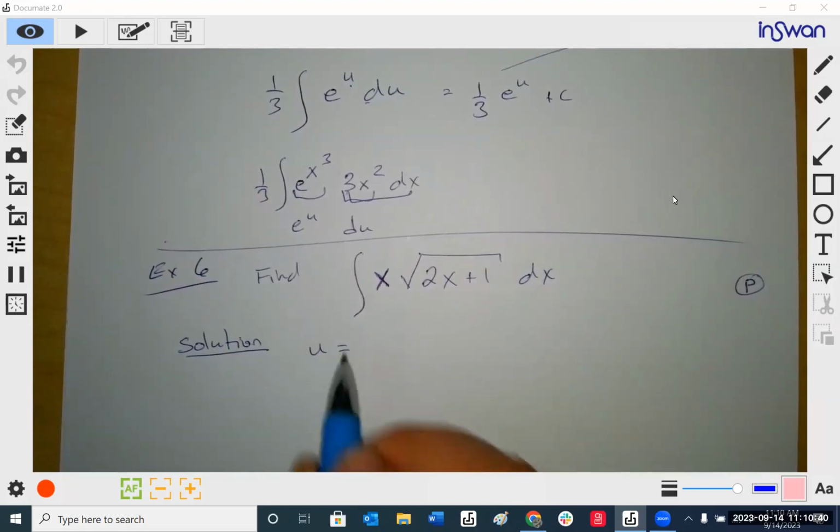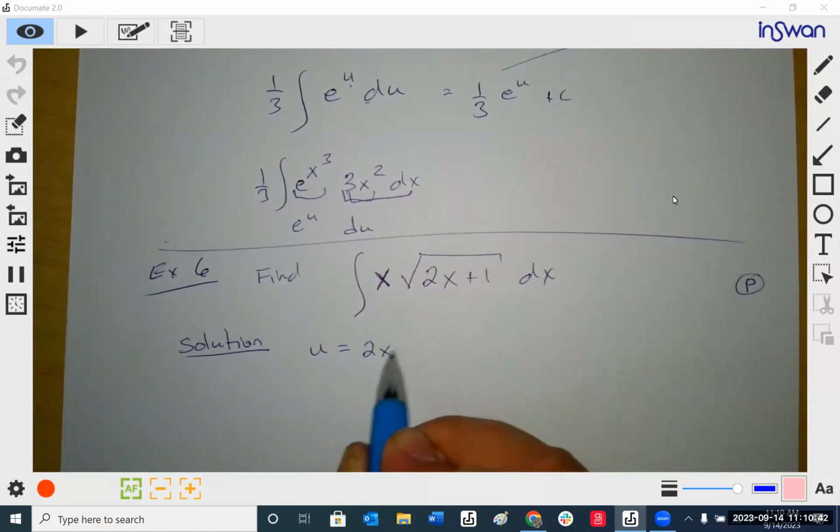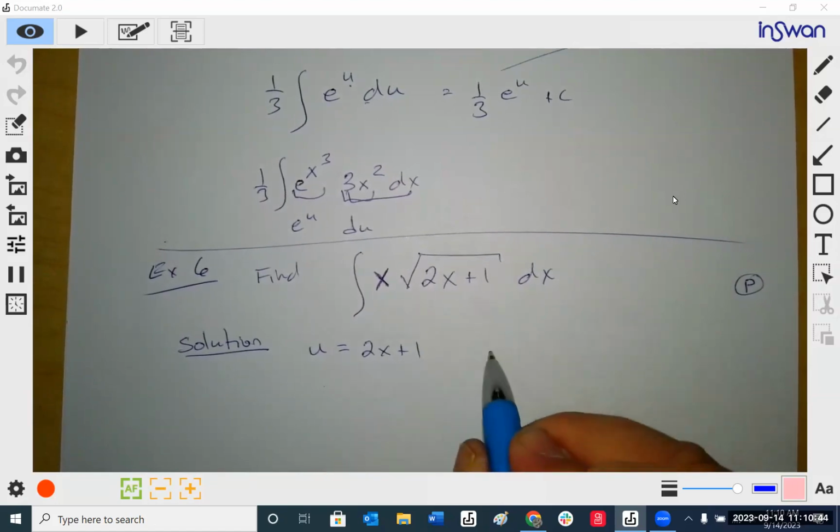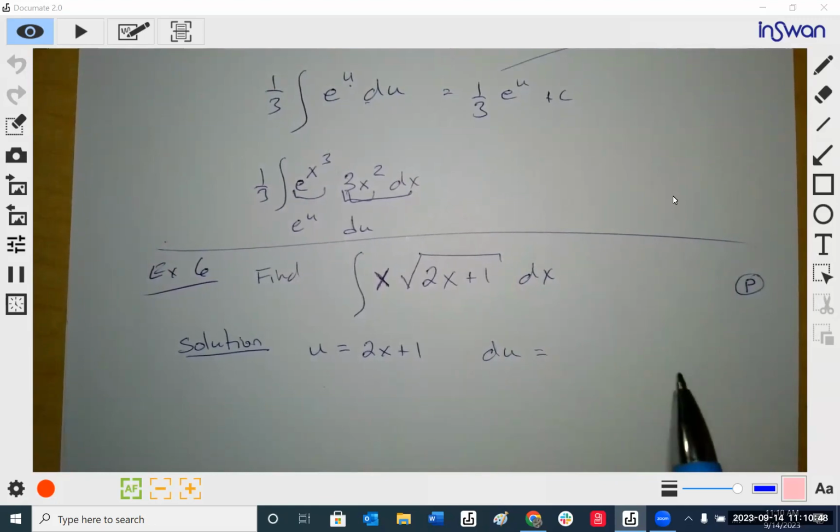Define u. That's the 2x plus 1. So du will be what? 2. Do we have a 2 out in front? No, that's the first part. So we know we will need a 2 out there.